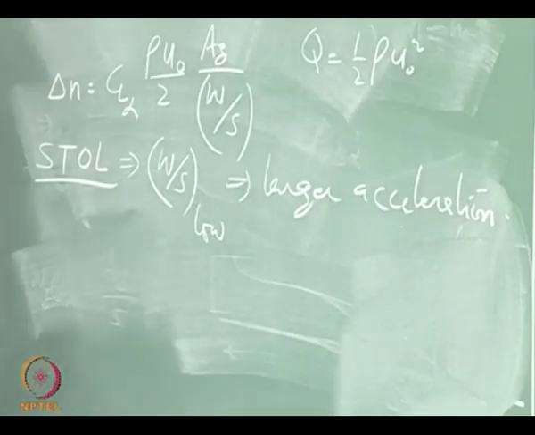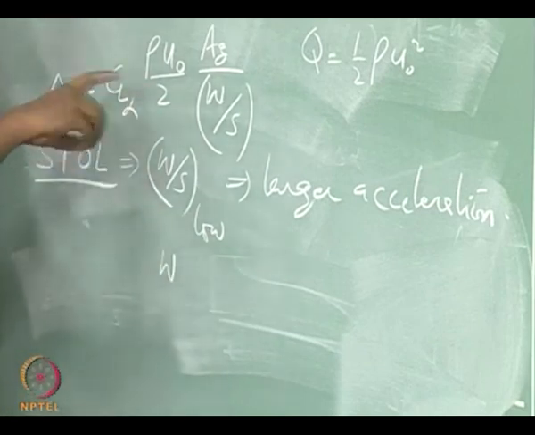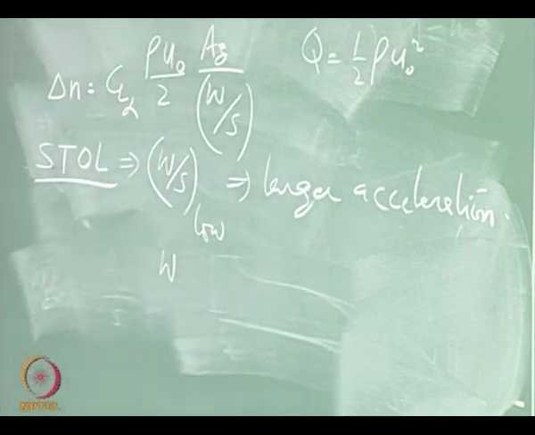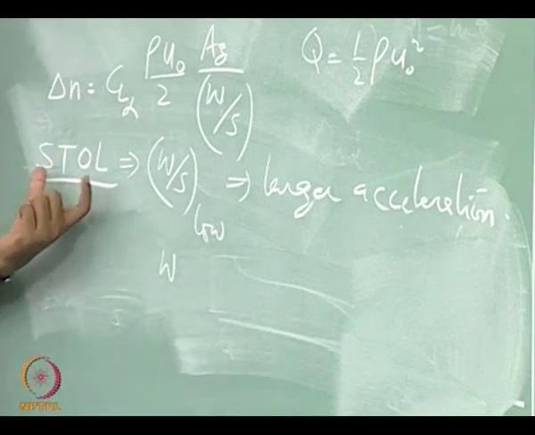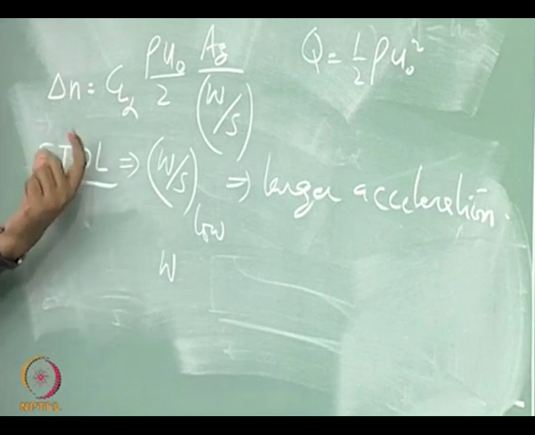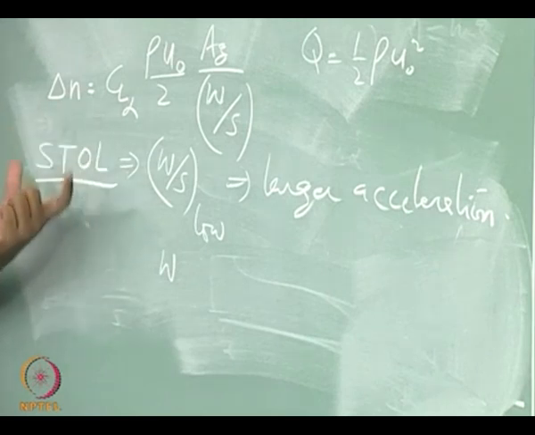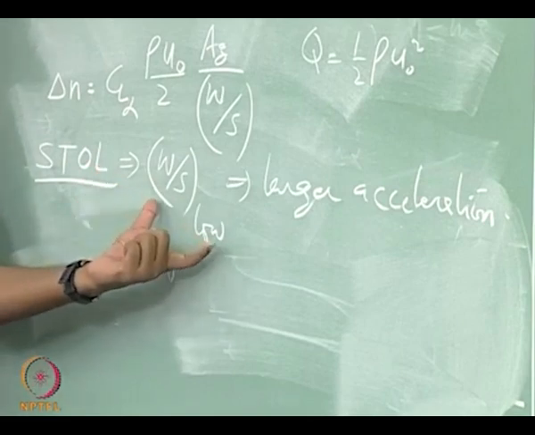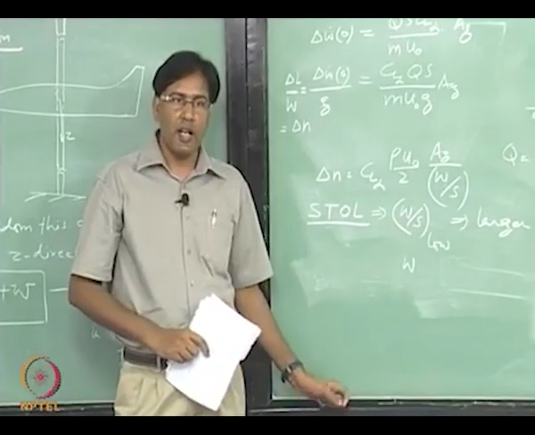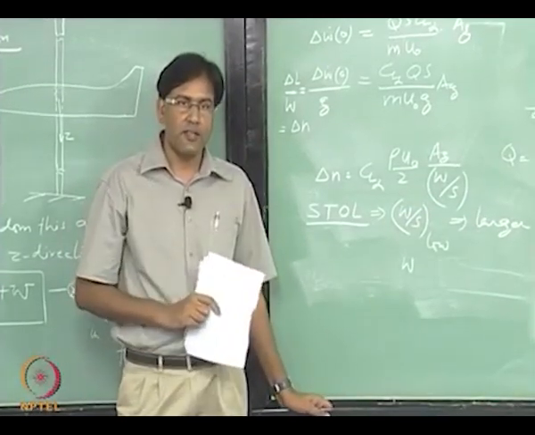So, this is clearly related to the landing and takeoff performance requirements of the aircraft, right. A short takeoff and landing aircraft designed for this case will have low wing loading, and in such a case you will see larger acceleration due to the vertical gust.